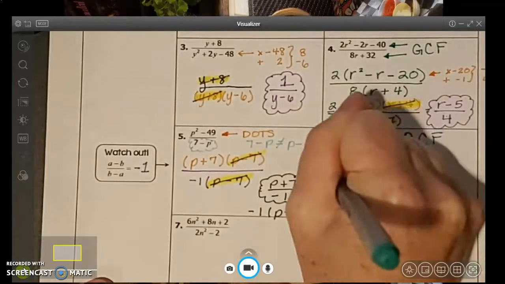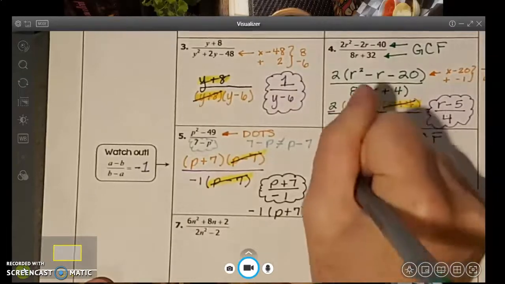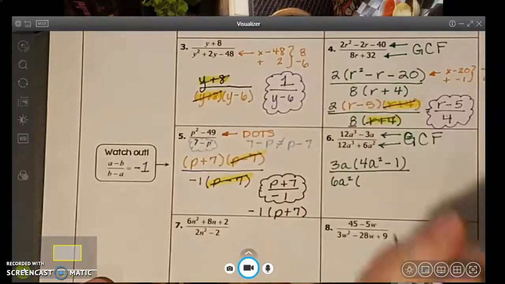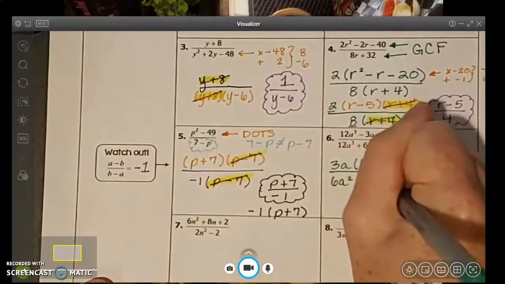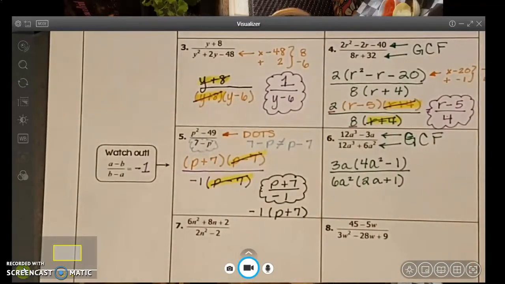In the denominator, I'm going to factor out a 6a squared, and that will leave me with 2a plus 1. Now looking at this, nothing reduces except the 3a and the 6a.